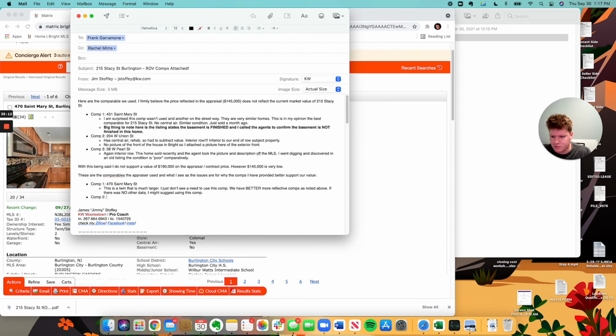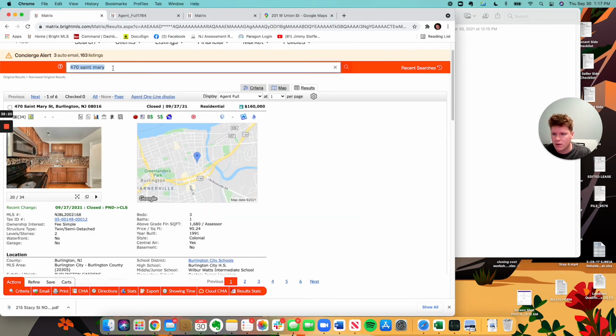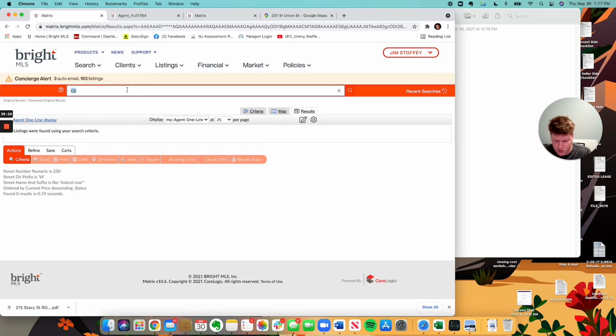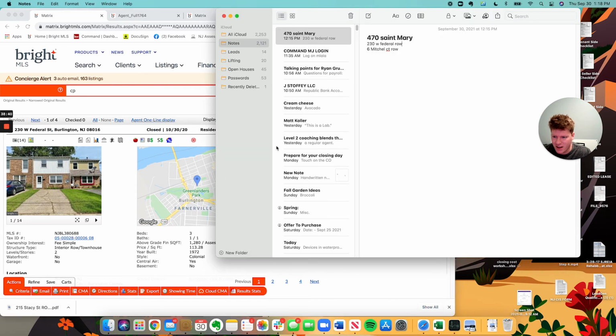Comp 2 is 230 West Federal Row. All right, so closed February, expired. What? This sold in October 2020 and the appraiser is using it?